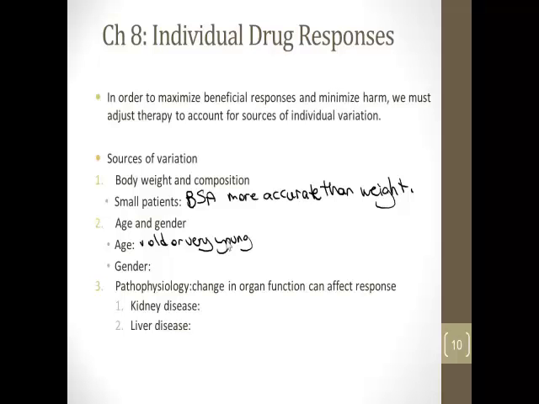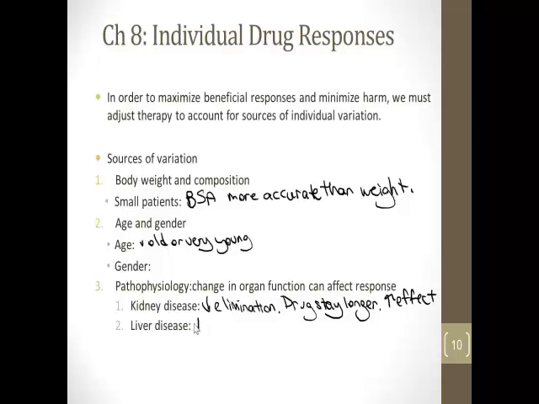The very ill. If a person has kidney disease, it can reduce elimination, so the drug stays longer in the system. That can increase the effect of the drug, so instead of being therapeutic, it can build up so much that it becomes toxic. Liver disease, same thing.